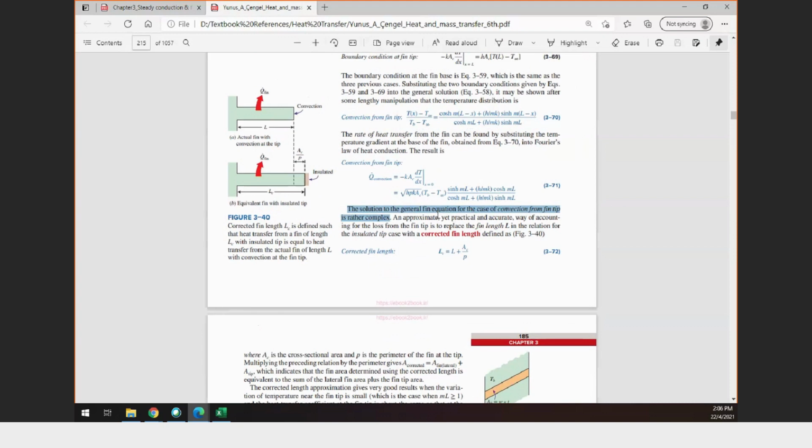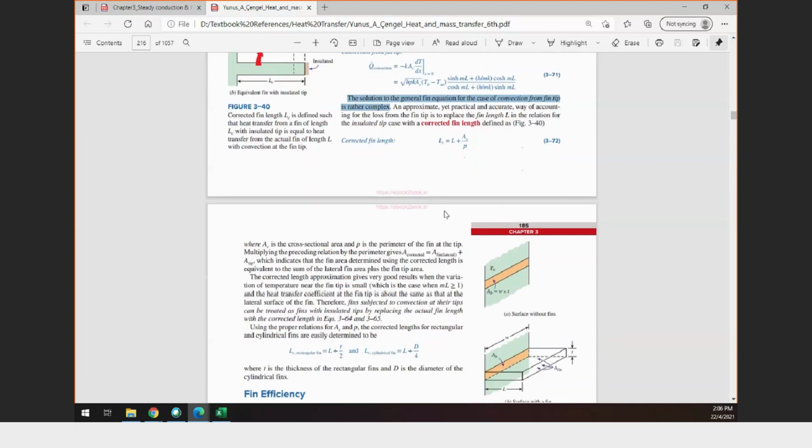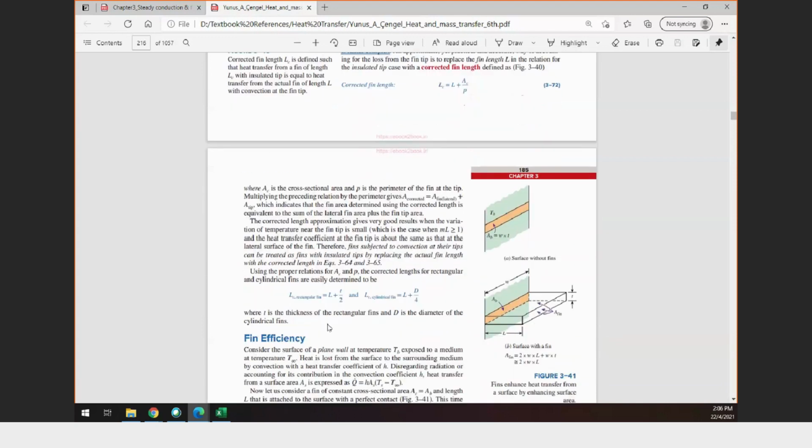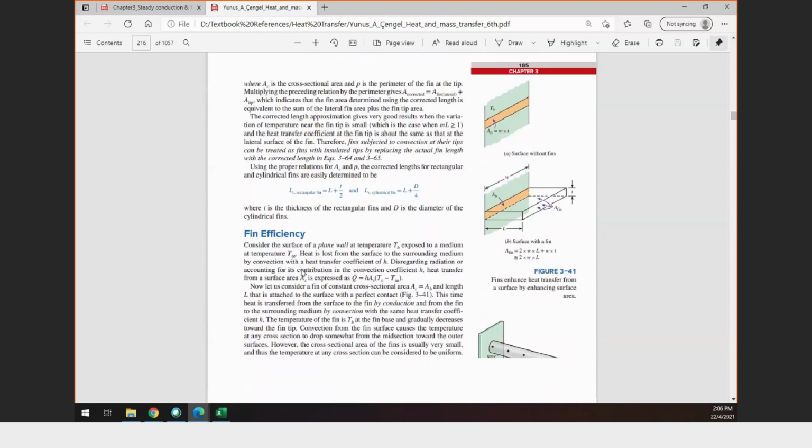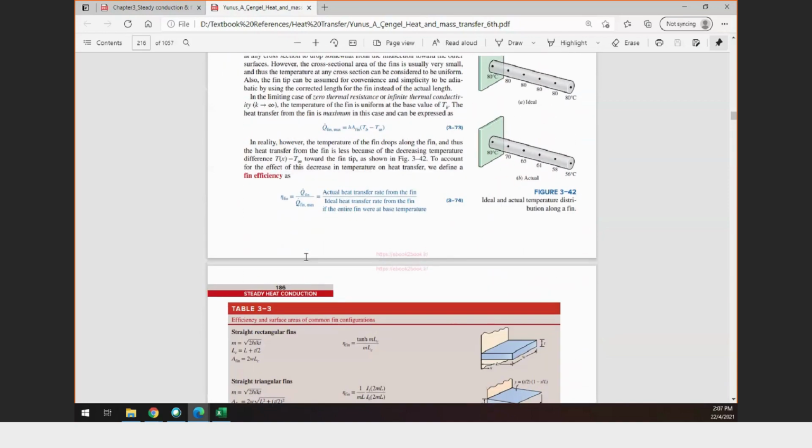For this reason, they introduce a new parameter called the corrected fin length, and this corrected fin length will be used to calculate the fin efficiency and the fin performance.